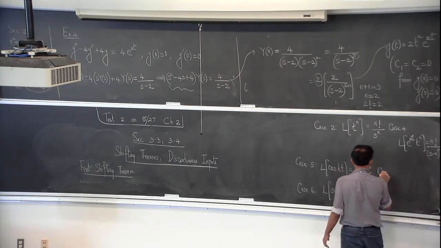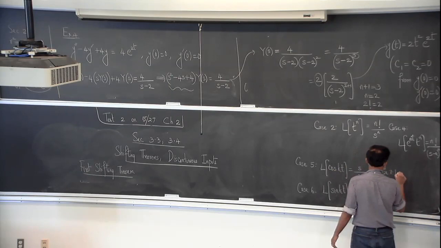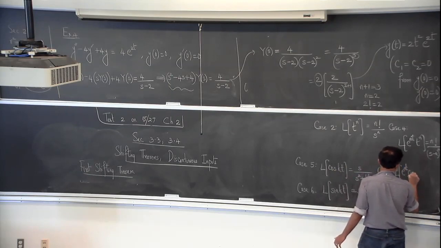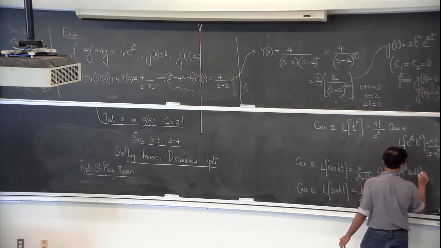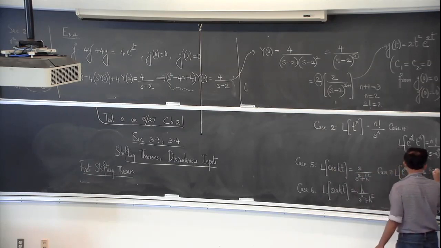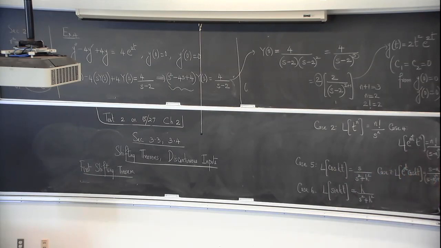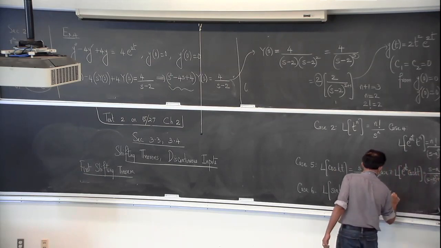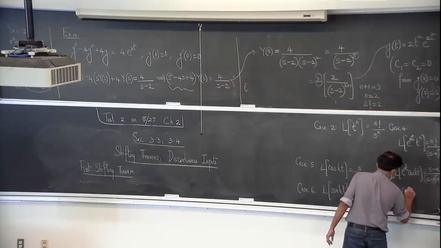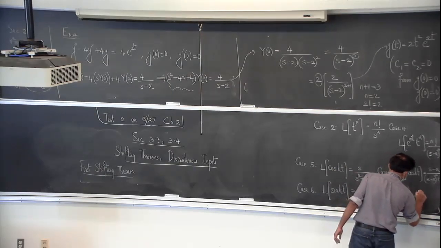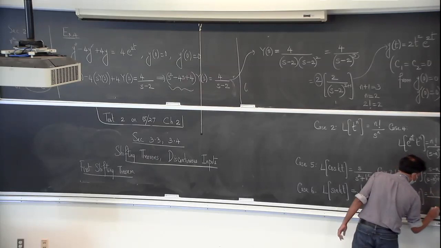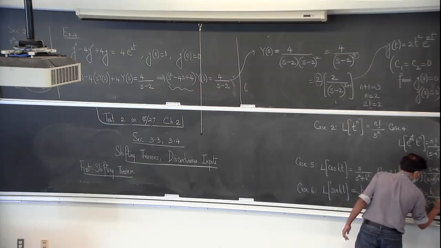Case 7 is with e to the power of at cosine kt, and that has got an s minus a here. Sorry for that. And similarly, case number 8 is k over s minus a whole square plus k square.